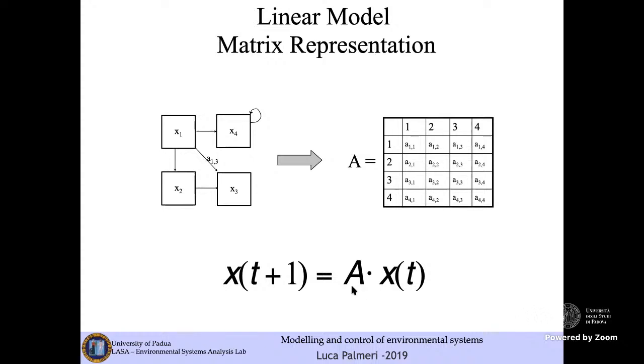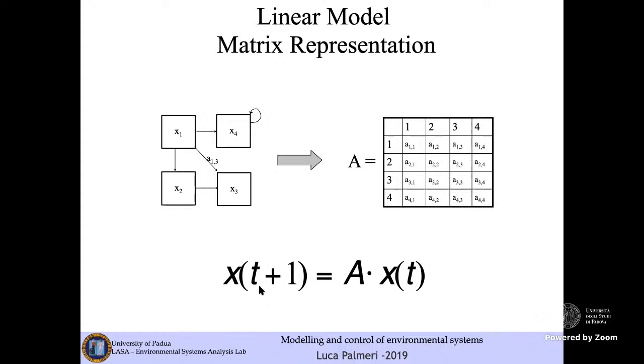So this big dot here represents il prodotto righe per colonne, so the product rows by columns, in which you multiply the matrix A times the state vector x at time t, thus obtaining the value of the state vector at the next time step. Of course, with a synthetic representation, I'm writing t here and t plus 1 here, meaning t the initial time and t plus 1 the successive time.